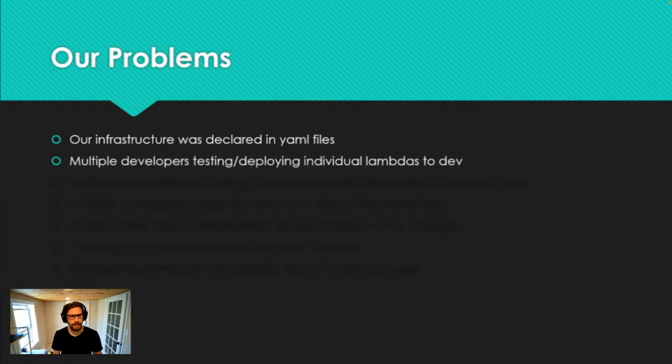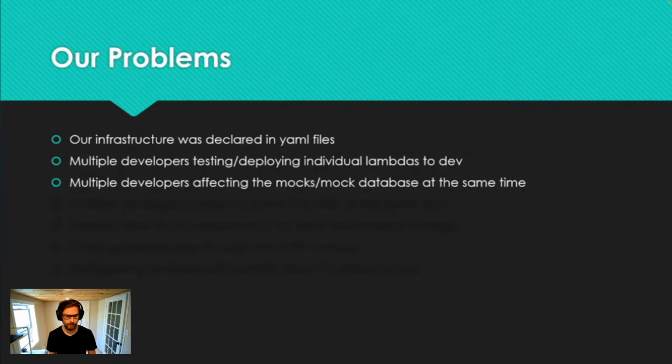So that's one thing. Additionally, we had multiple developers testing and deploying individual lambdas in dev, because you have the step functions in the cloud, and the step function has a bunch of lambdas, and a developer wants to say, hey, I'm working on this lambda, let's see what happens. And then you try to run a test and your test fails because they have some different feature that they're working on.